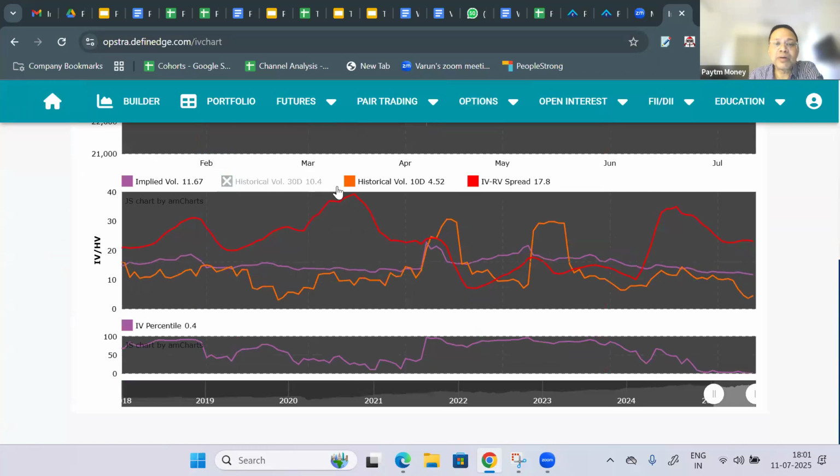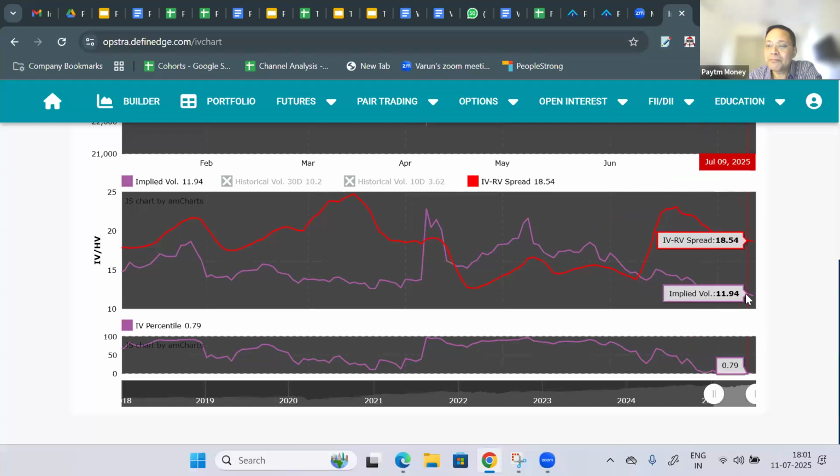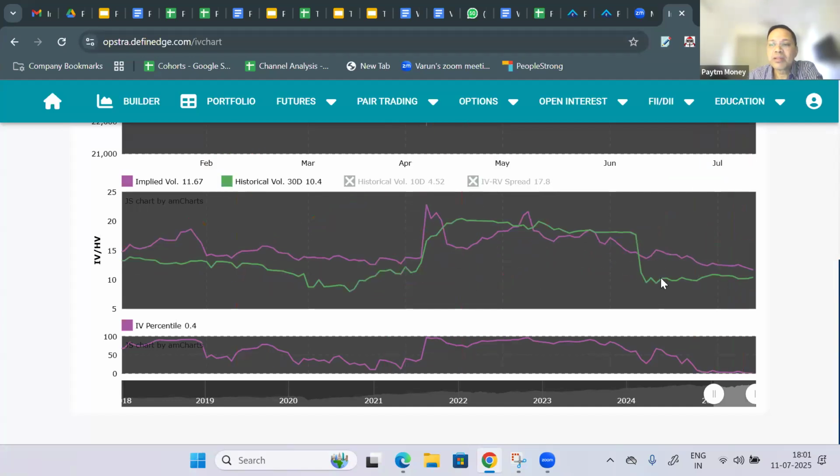Let me remove this part. Can you see that? This is the IV. The purple line is IV, and the green line is historical volatility. It is falling. IV is falling.